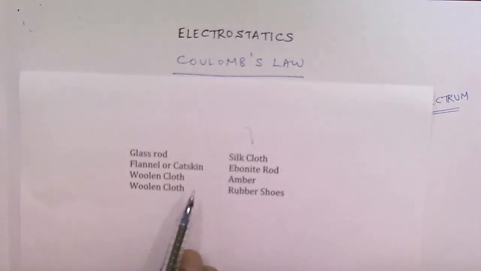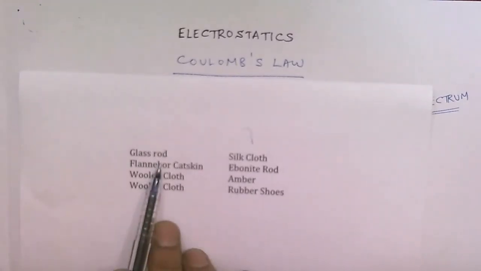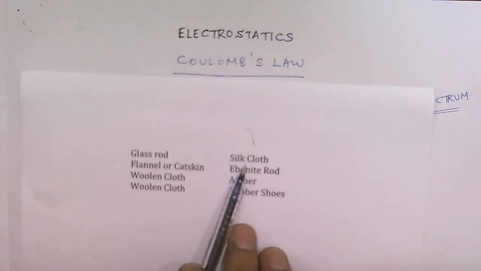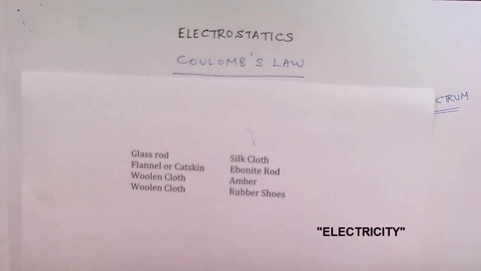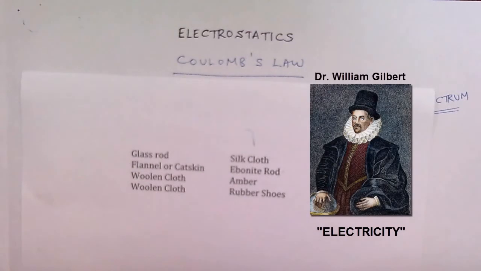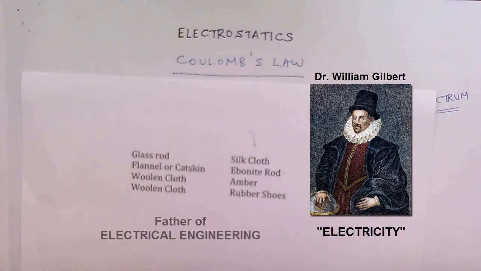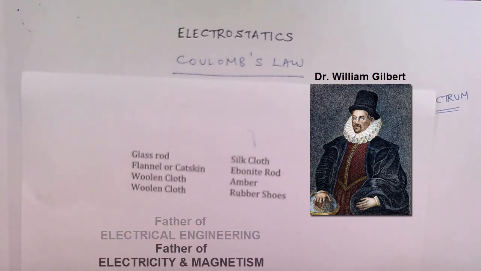So all these items, when rubbed with their subsequent substances, produce different types of charges. This was later termed as electricity. In fact, it was Dr. William Gilbert who is accredited to first use the word electricity. He is also regarded by some as the father of electrical engineering, or even electricity and magnetism.